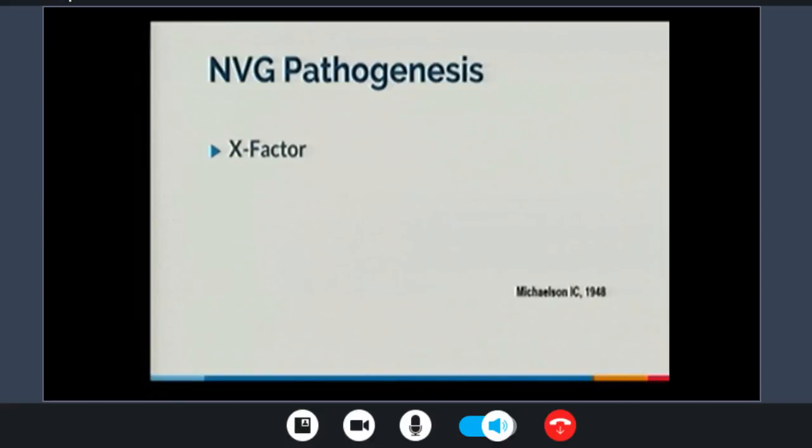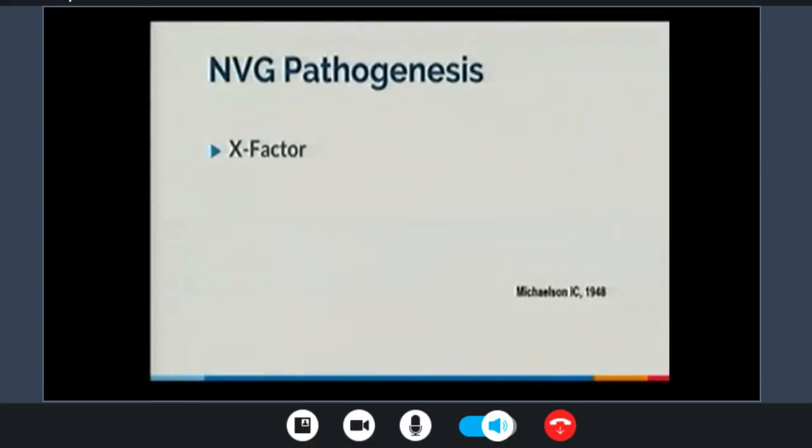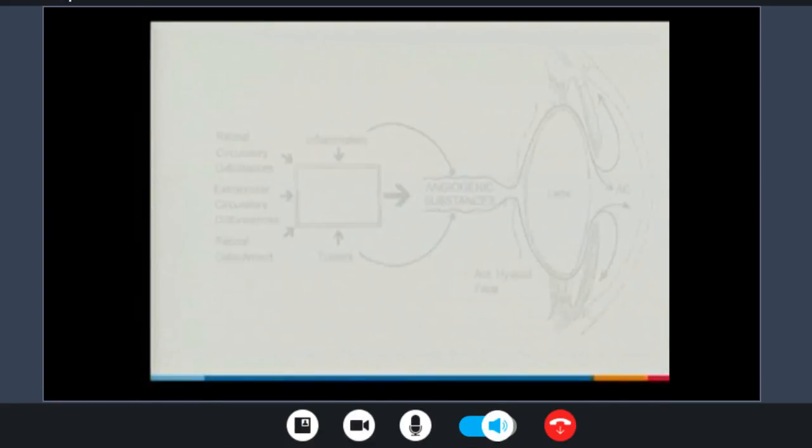Michaelson, in the middle of the last century, postulated that there is an angiogenic substance that leads to the formation of these new vessels in response to retinal ischemia. Of course, he didn't know what this substance was.